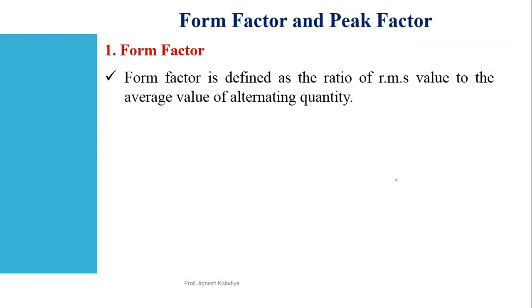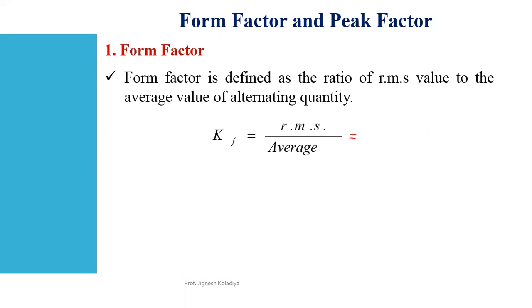Form factor is defined as the ratio of RMS value to the average value of an alternating quantity. That means form factor is equal to RMS upon average.